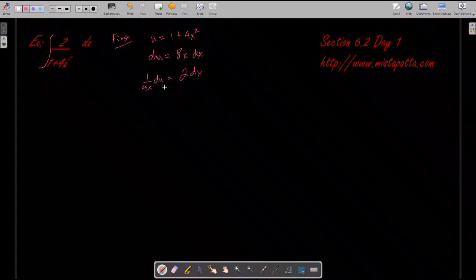And the problem is that I'm not able to completely eliminate my variable x in this way. No matter what happens, I'm either going to have an x over here with du, or I'm going to have an x over here with the dx. And I can't completely eliminate that variable. And so this is no good.